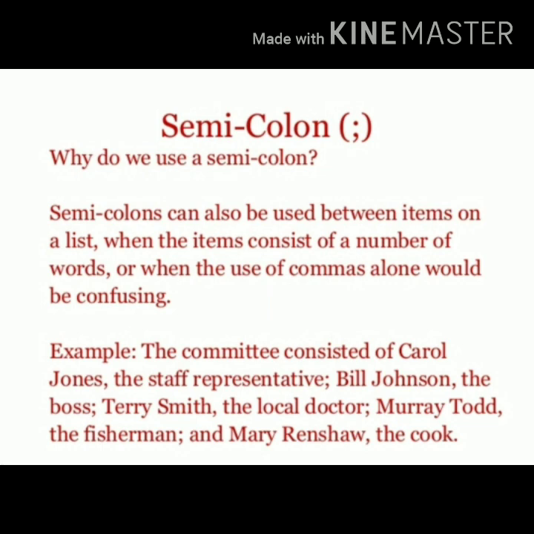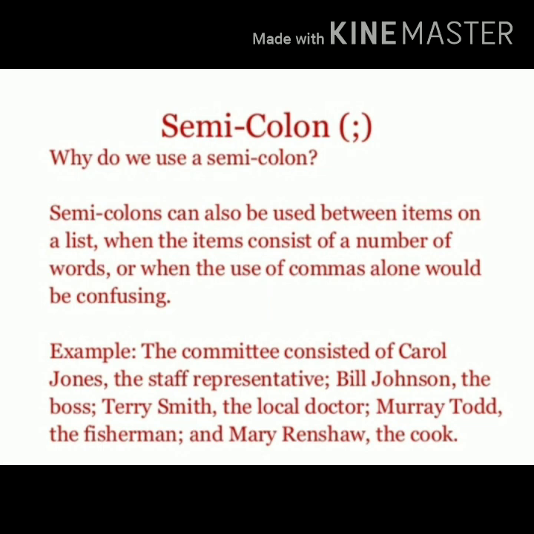You can see in the sentence that so many persons are given and their designations are also given. That is why, in order to separate the person's name and the designation, we have used semicolon so that the sentence does not become confusing.